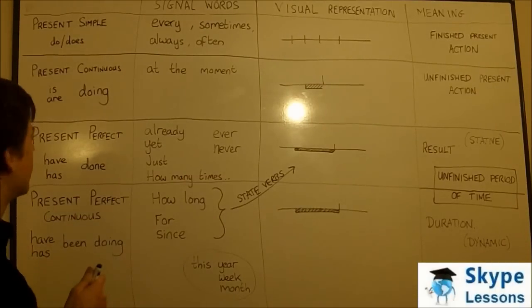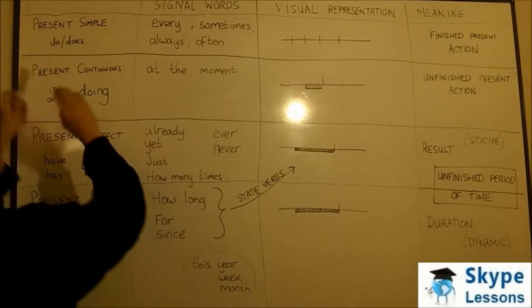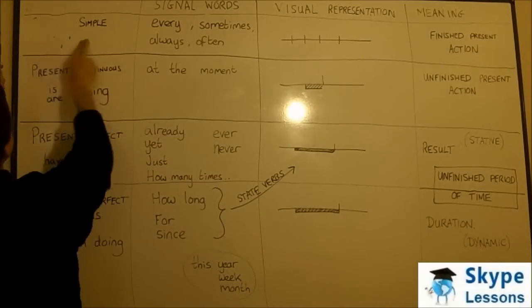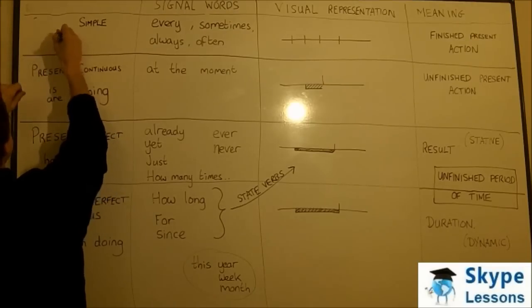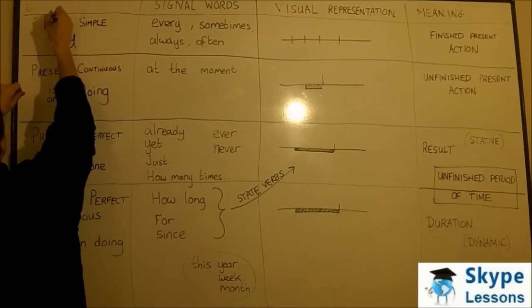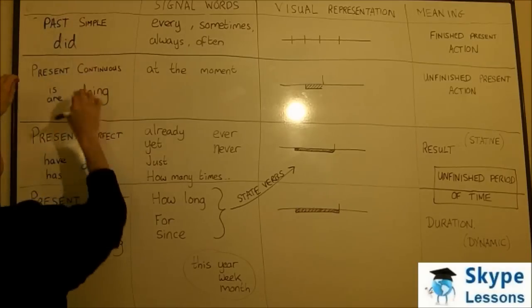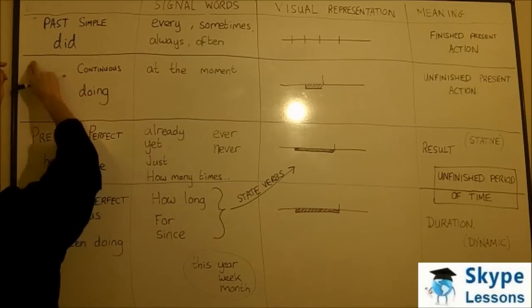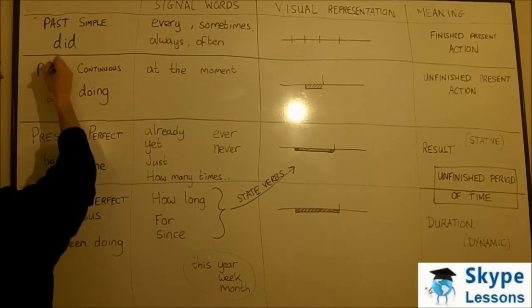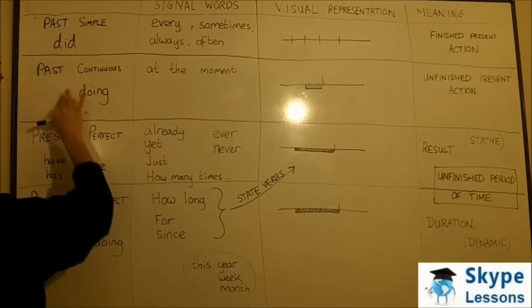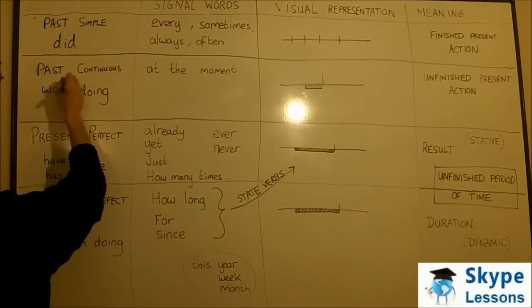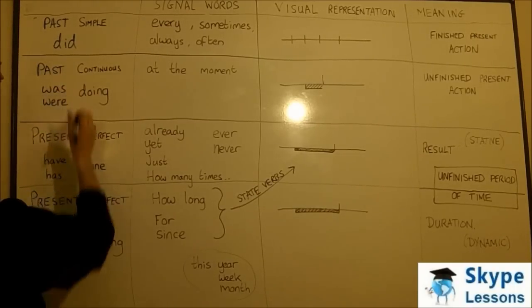Now, the same applies for many of the past tenses. Let's look at past simple, which is of course did. We're going to look at past now. Past simple with did. Past continuous, which I hope you know is was or were doing. Okay.